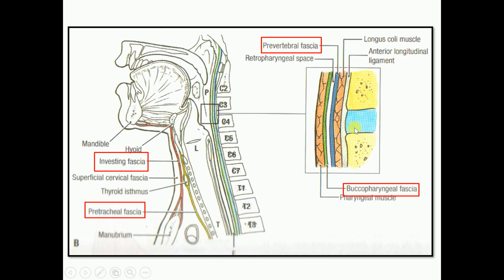Now the retropharyngeal space is divided into two lateral compartments, called the spaces of Gillette, by a midline fibrous raphe. Each lateral space also contains the retropharyngeal lymph nodes, which usually disappear after 3 to 4 years of age. The space behind the prevertebral fascia and in front of the vertebral body is called the prevertebral space.